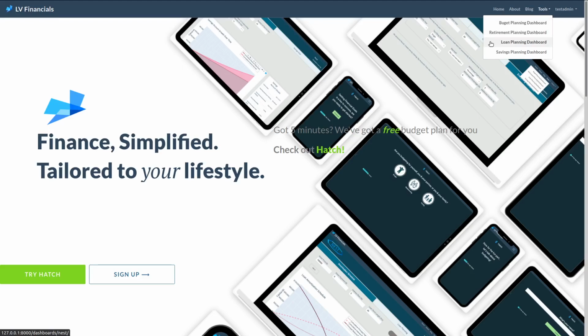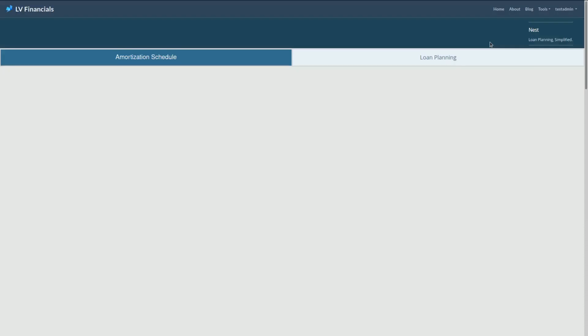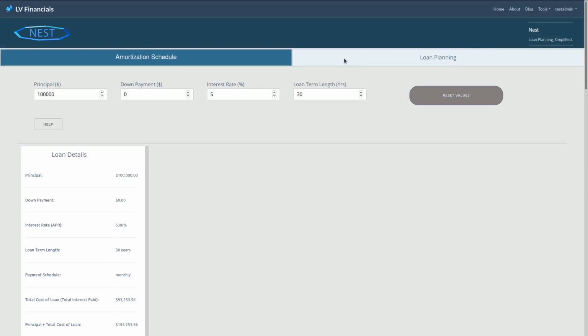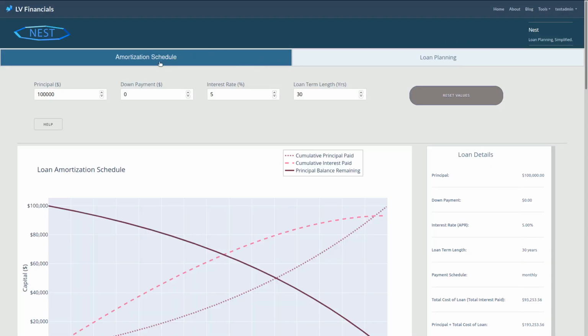For this analysis, you'll need to go to the loan planning dashboard. Go to the amortization schedule tab. The principal is the amount that you will borrow or mortgage for the house or property. Let's use an example of $400,000.